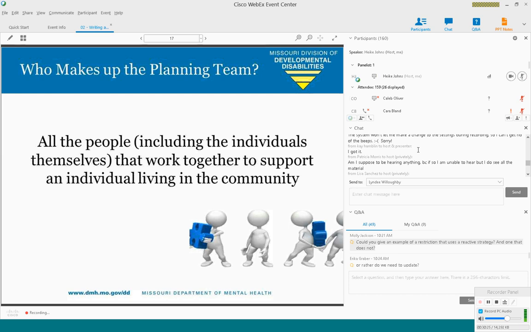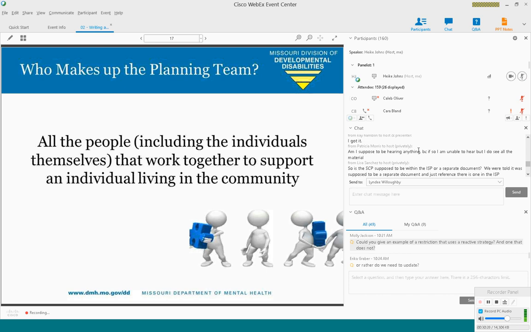The house or professional manager, as the supervisors of the direct care staff, are good participants to have, as are the agency director or the owner. It's important to have agency directors, owners or administrators as part of the planning team because they have the actual power to ensure things are being implemented correctly.